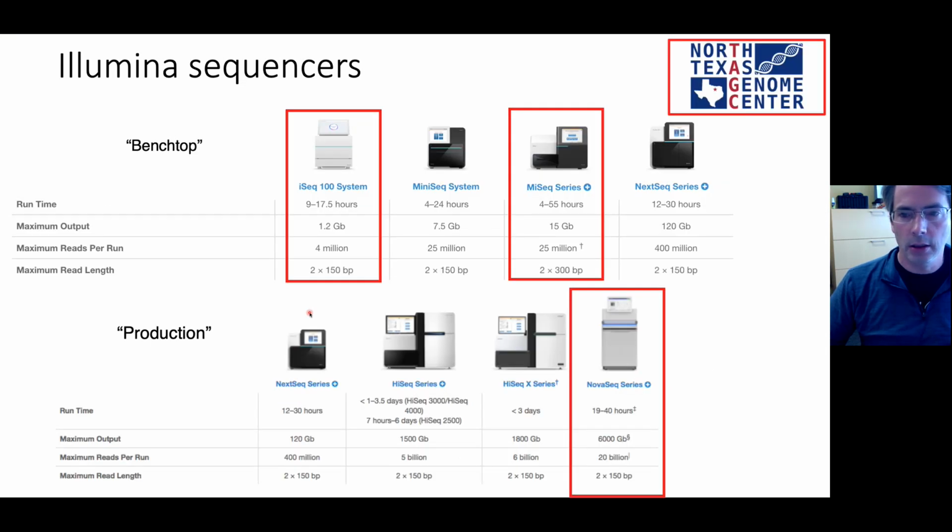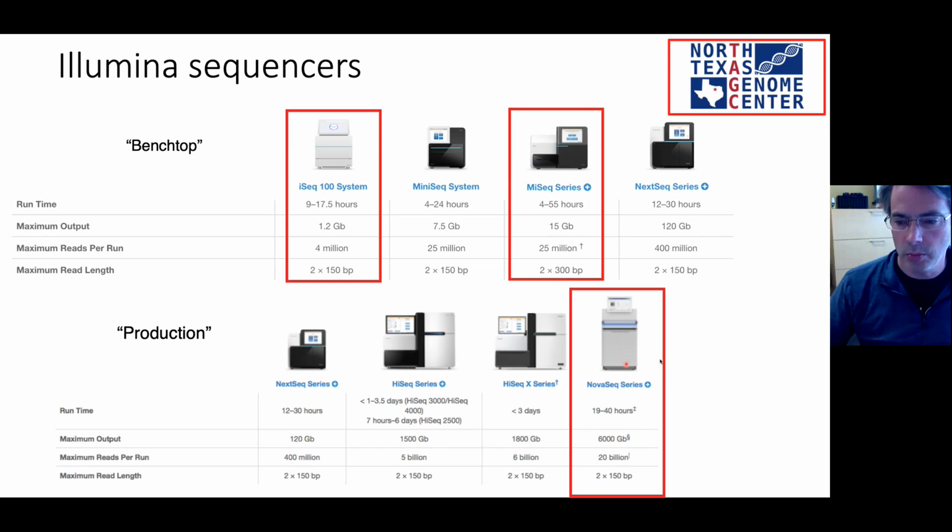Just to give you an idea what kind of technologies are out there and what their capacities are. These are the most common instruments. Well, I shouldn't say that. These are all of the Illumina instruments. The ones that have squares in red are the ones that we have here at UTA.